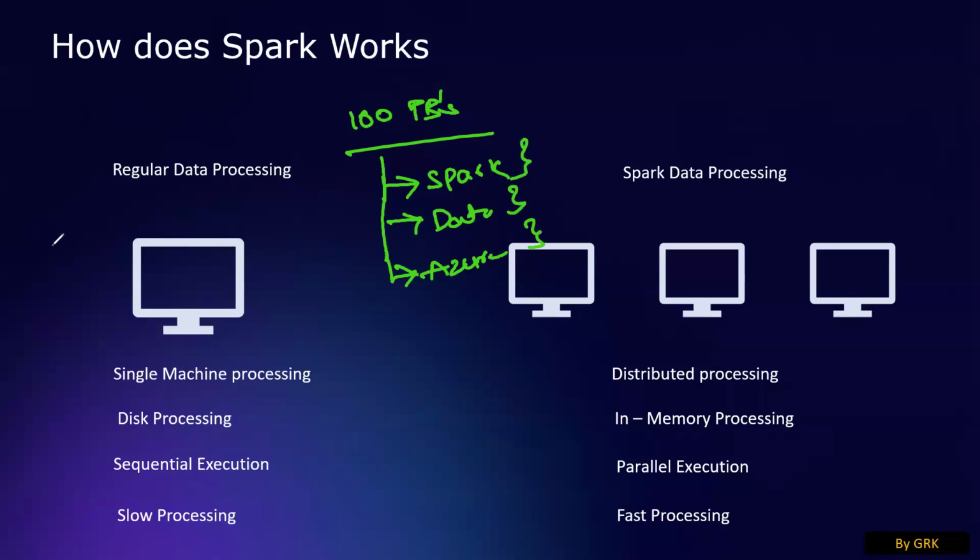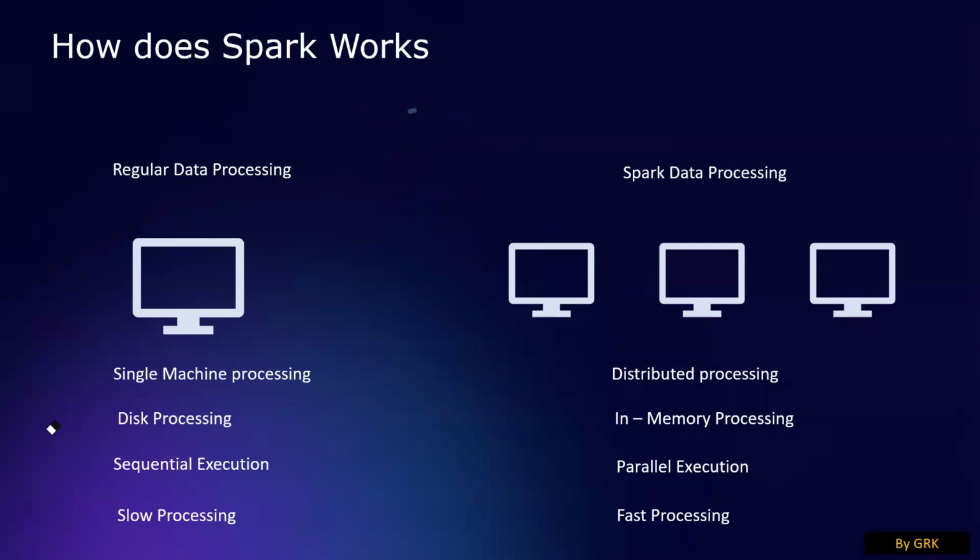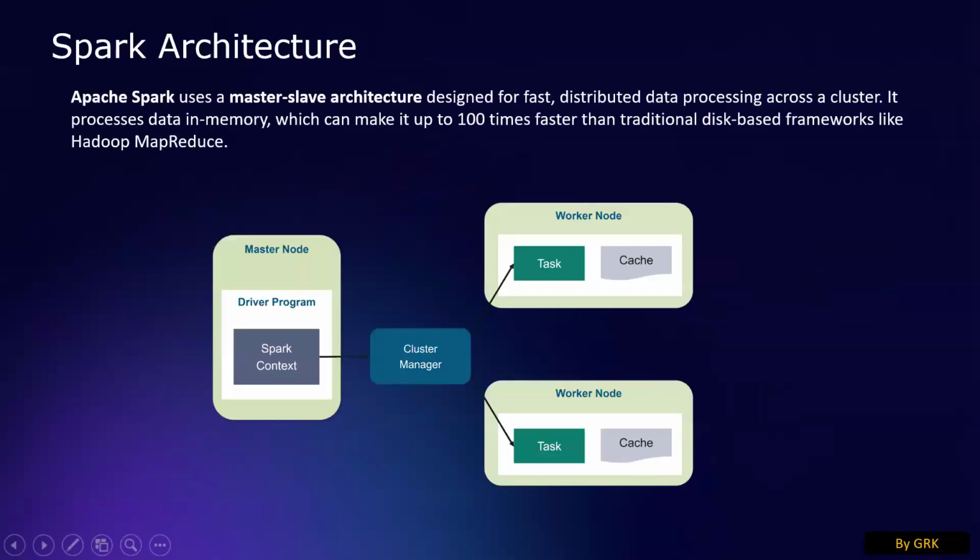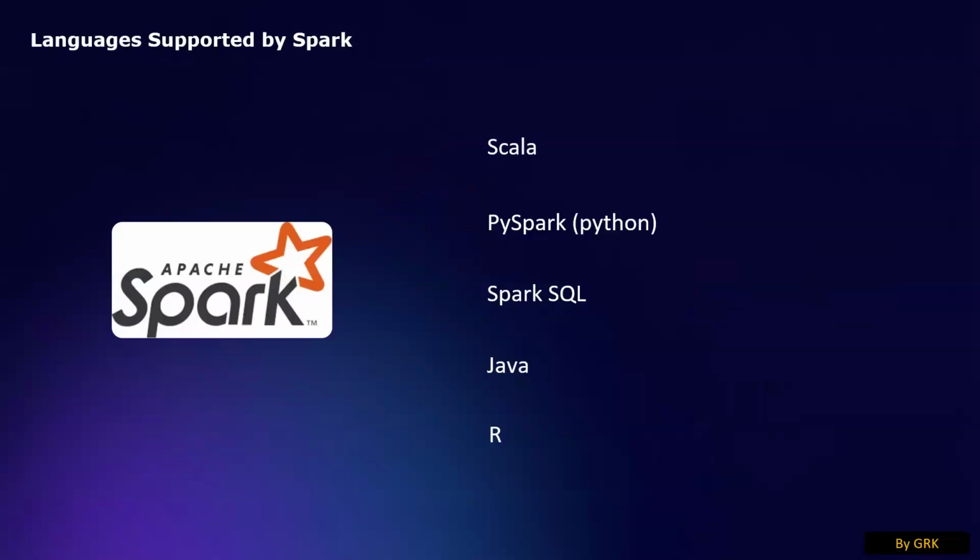Even if you have some more doubts here, I'm coming with an example. Don't worry, I'm here to help you, not confuse you. Spark architecture, we will see in a minute. We'll come back.